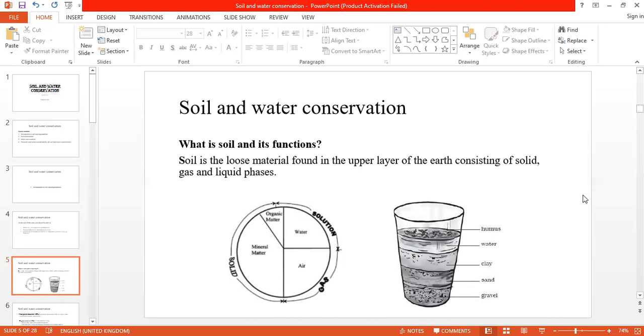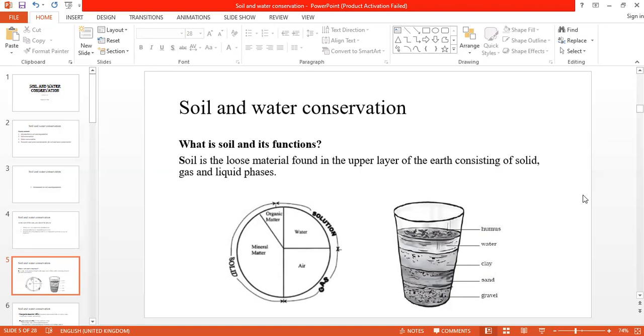The first question to ask ourselves is what is soil and what are its functions. In layman's terms, soil is just a loose material found on the upper surface of the earth, and it consists of the solid phase, the gaseous phase, and the liquid phase.